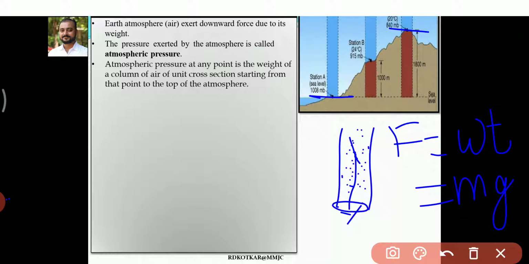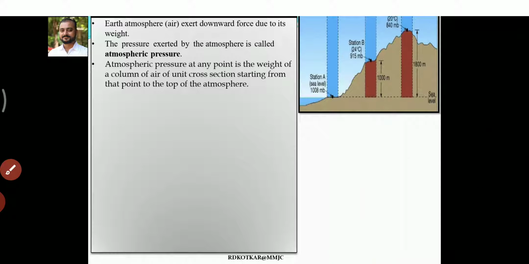So what is the definition given here? The atmospheric pressure at any point is the weight of the column of air on unit area of cross section.